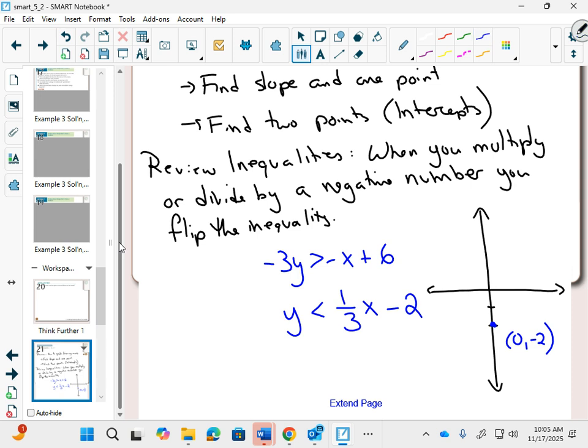Well, I could go up 1 over 3, because your slope is your rise over run. And it has to go up 1 over 3 in that direction because my slope is positive. And from that, I could label a second point, which is going to be 3, negative 1. And once you have 2 points, that is enough to draw a line through them.